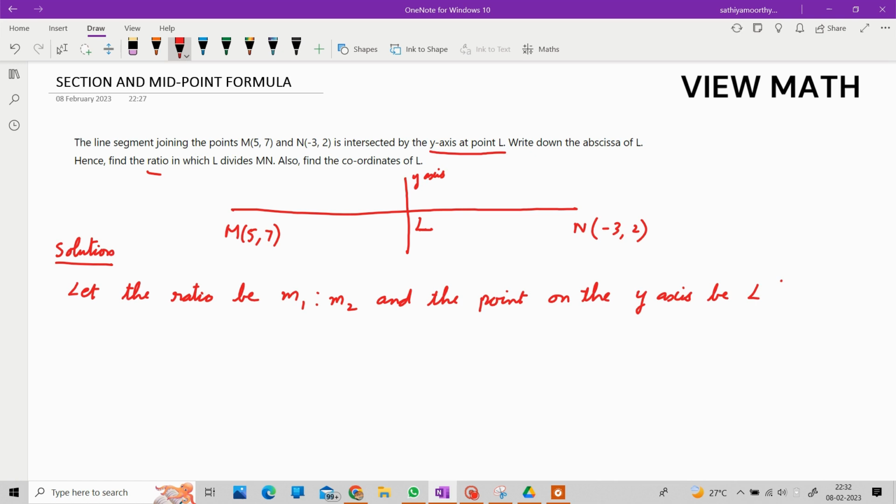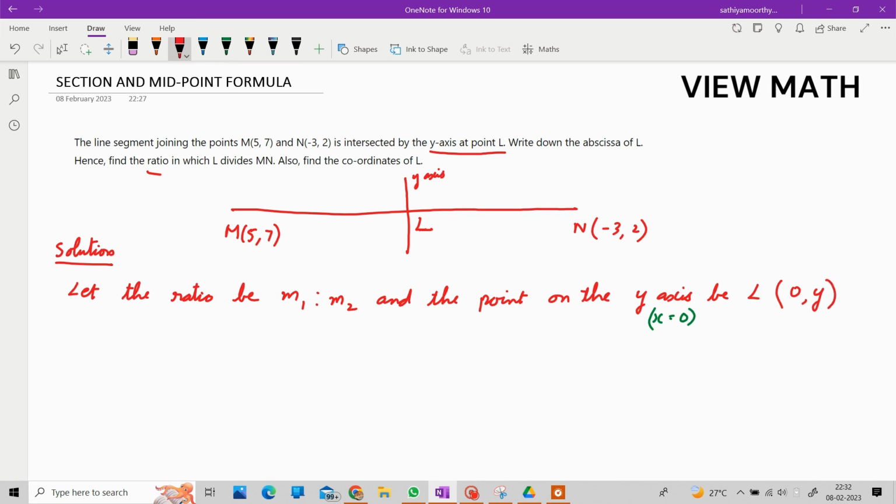I have already told you in the y-axis x is equal to 0. So the x coordinate is 0 and the y coordinate we have to find out, so I am going to take it as y.